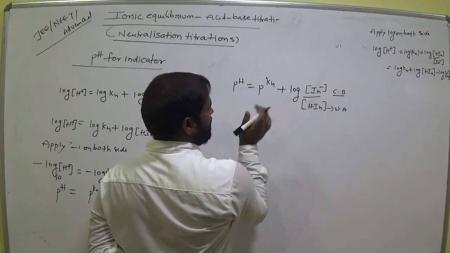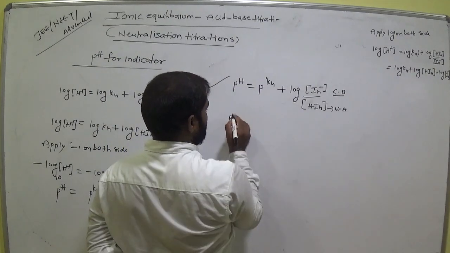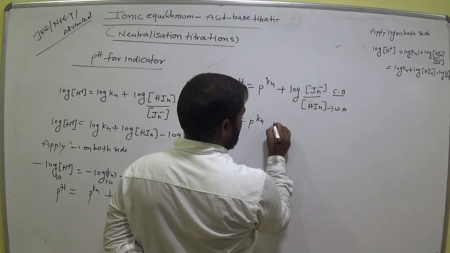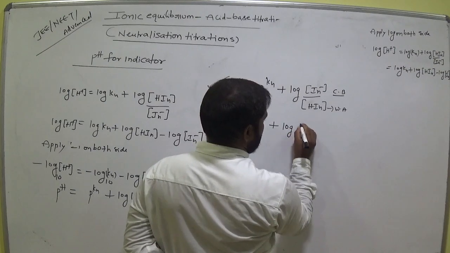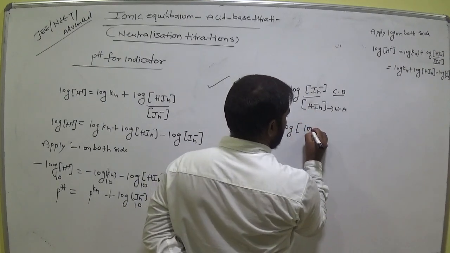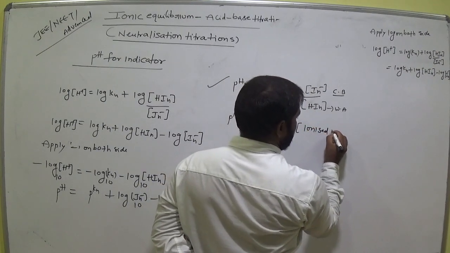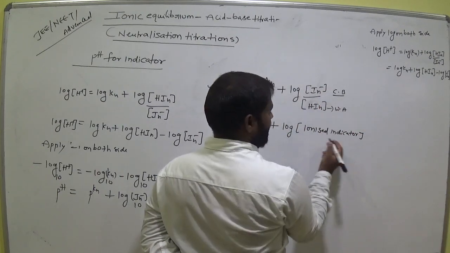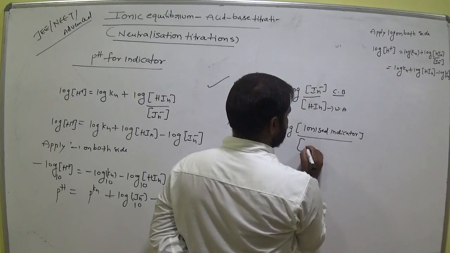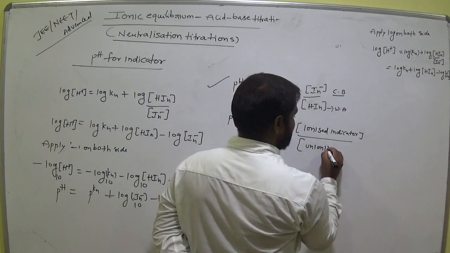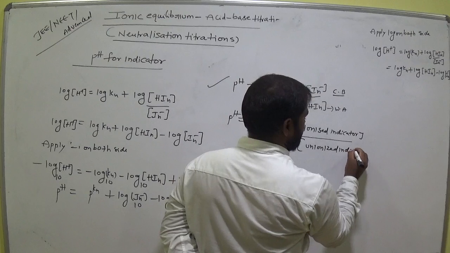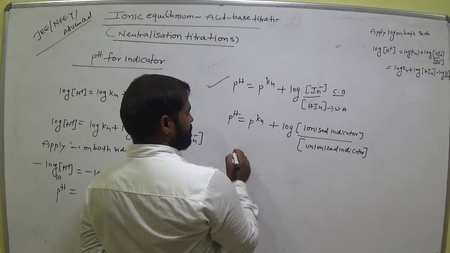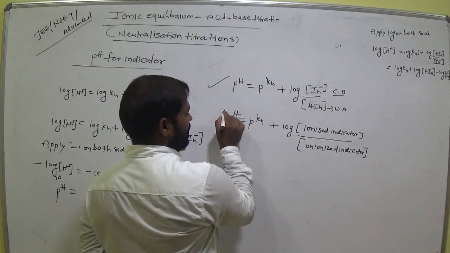Okay, this is the expression: pH is equal to pKin plus log of ionized indicator by unionized indicator, am I right? Clear? This we need, very important.